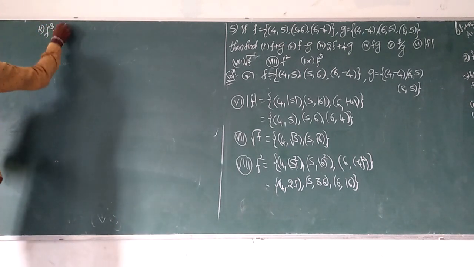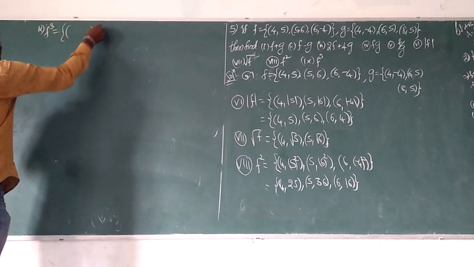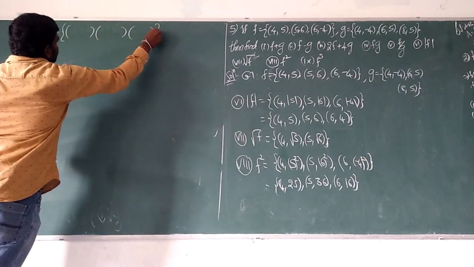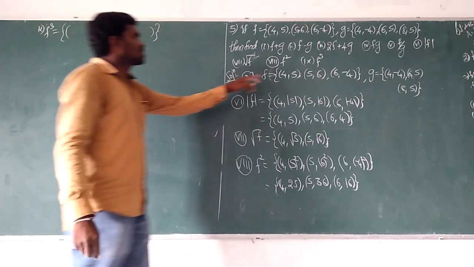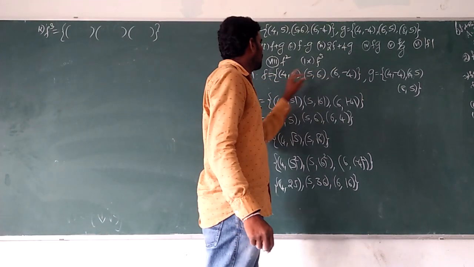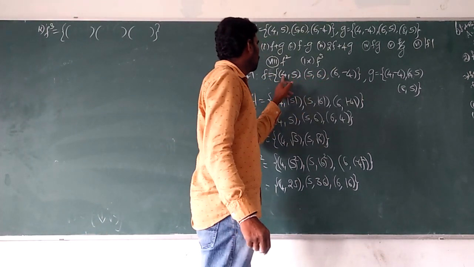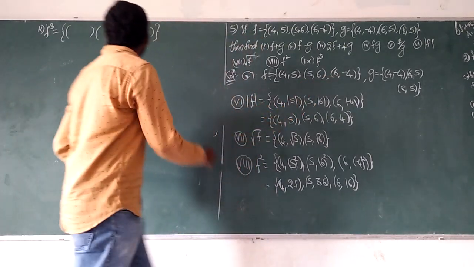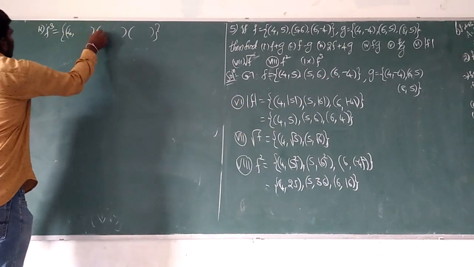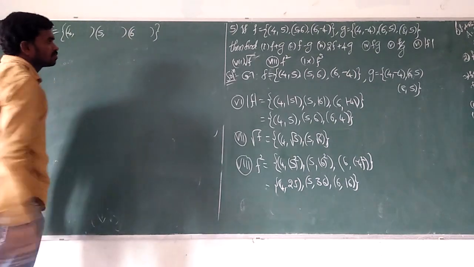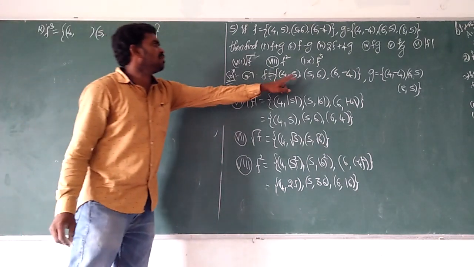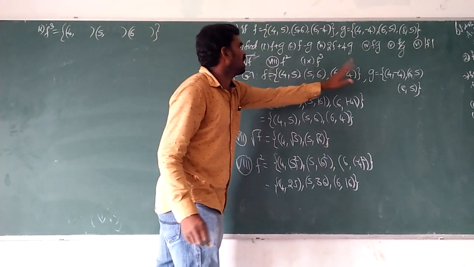F cube means first of all write the elements in f, especially the first elements, meaning domain elements. What are the domain elements? 4, 5, 6. 4 comma 5 comma 6. Then the second elements 5, 6, minus 4.